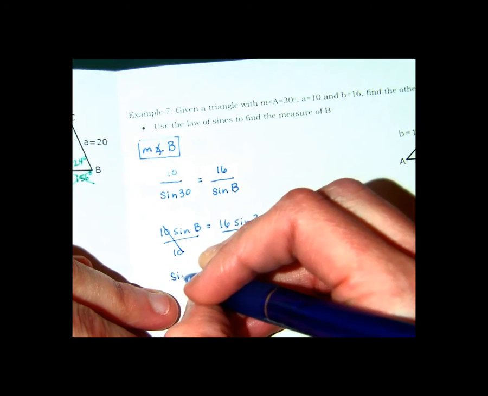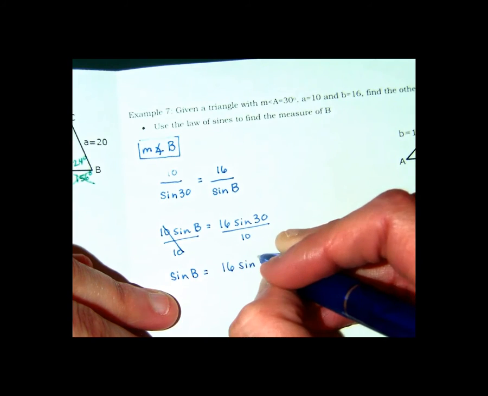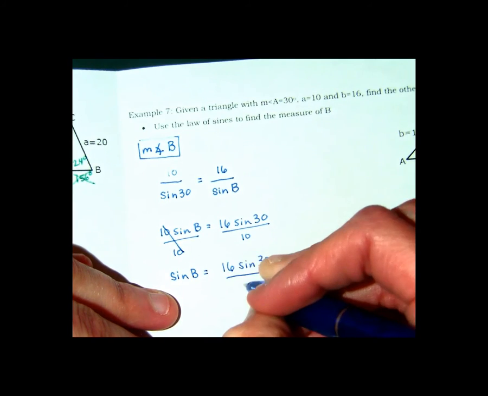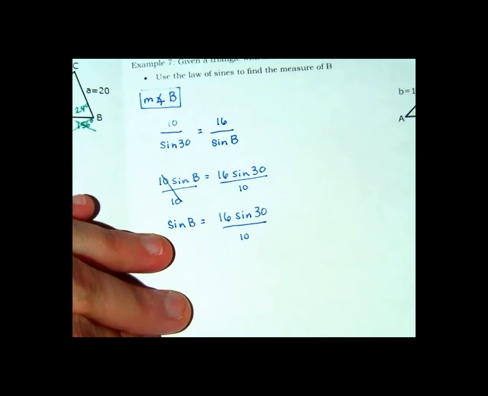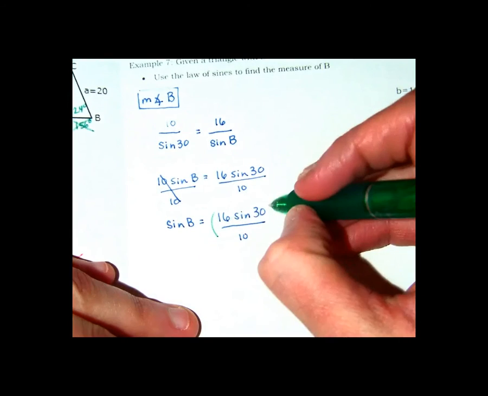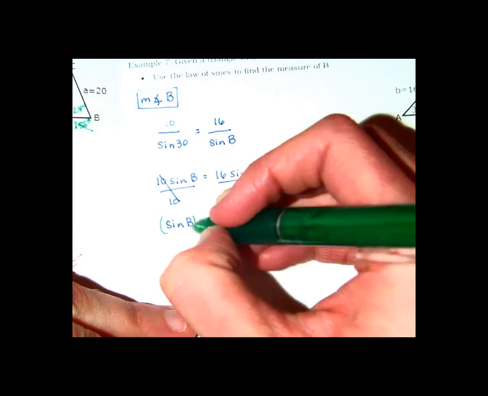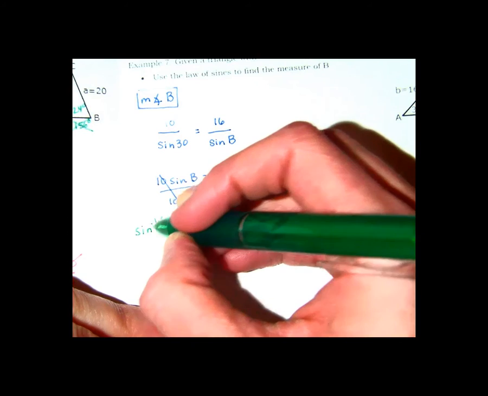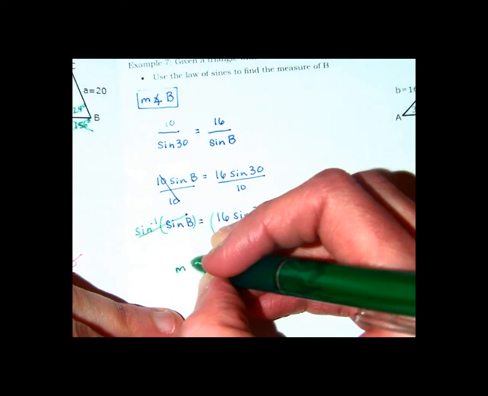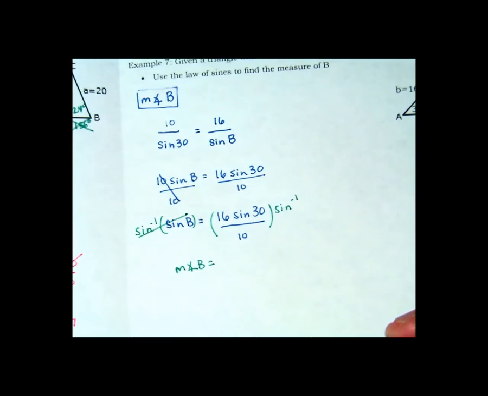Sine of B is equal to 16 sine of 30 over 10. What do we do to find B? The inverse, sine inverse. Alright, somebody tell me what that is.